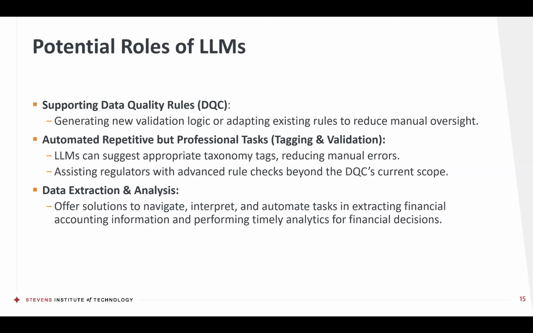And finally, LLMs can extract and analyze data across complex tables for timely decisions. These roles help reduce manual tasks and error rates. As a result, experts spend less time on mechanical work and more time on strategic tasks like interpretation or policy.